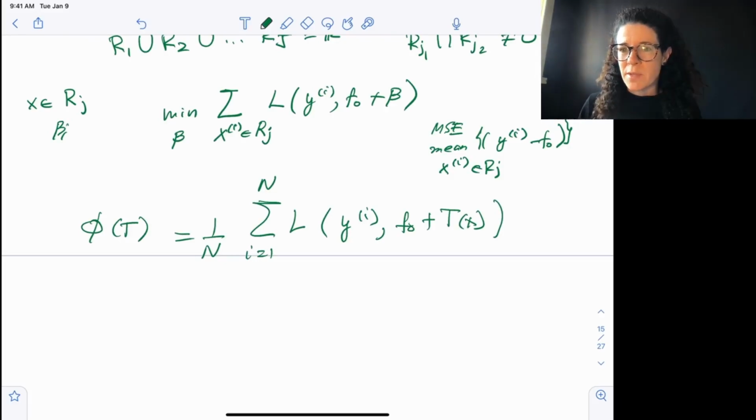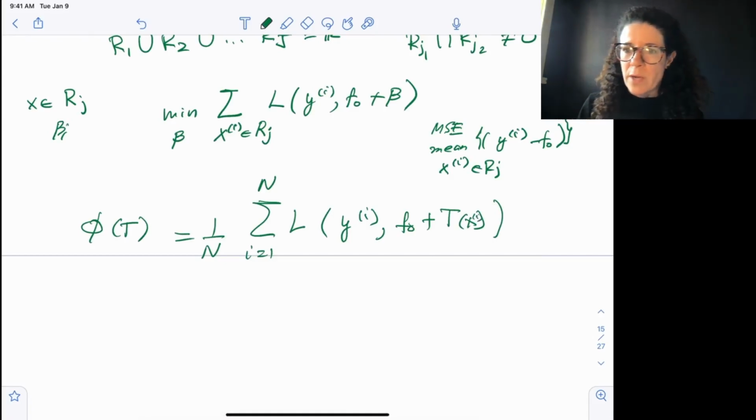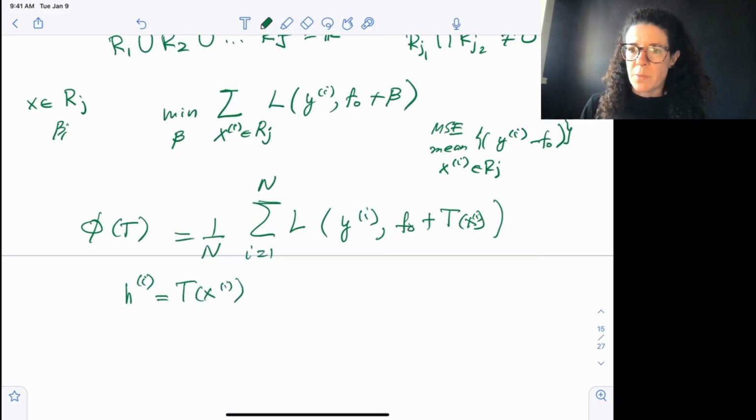In the first step, we found the best possible hi such that you optimize this function without assuming that there was a tree.